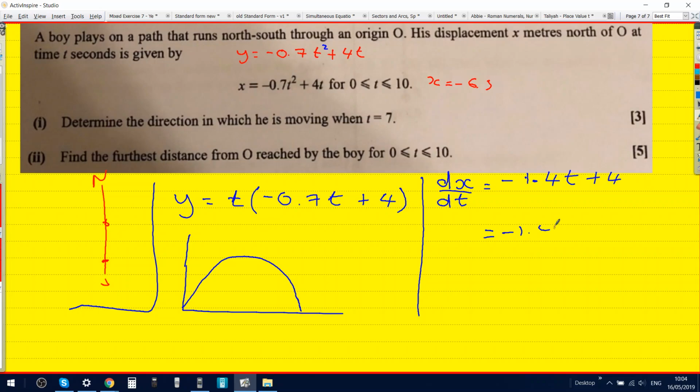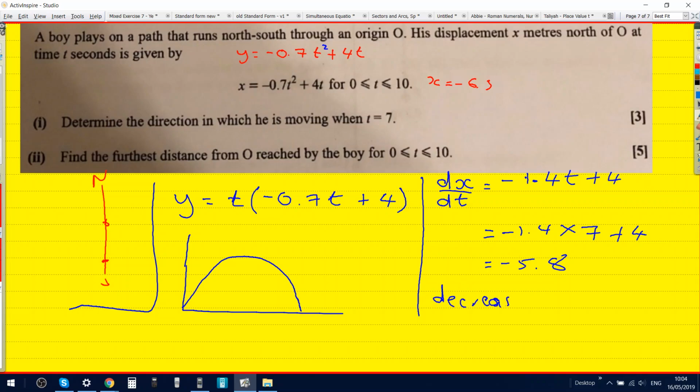I got that to be minus 5.8. And so what does that tell you about the direction he's moving? He is going south. It's like decreasing or south.